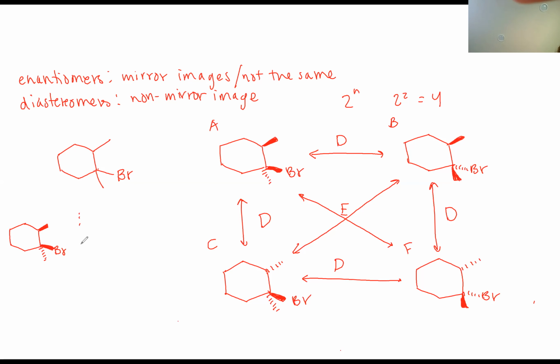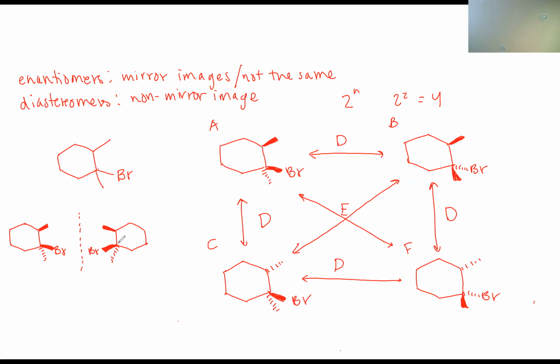The other way to draw it would be to draw a mirror plane and mirror the stereochemistry. So this also gives us the enantiomer.